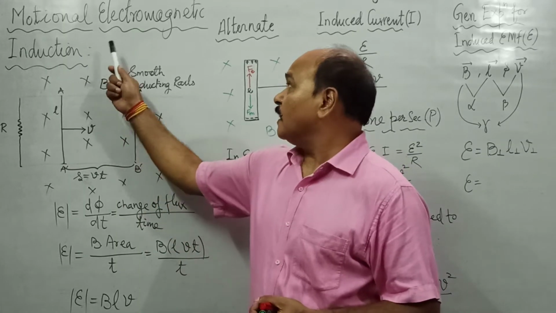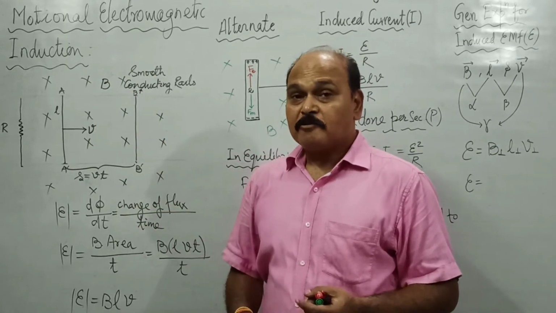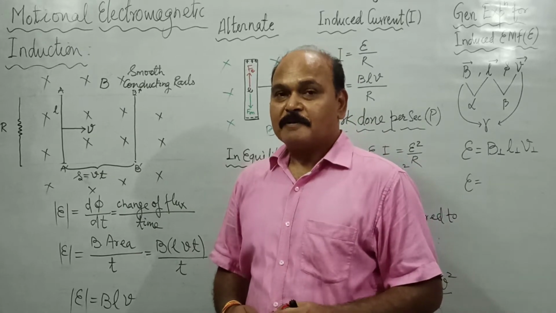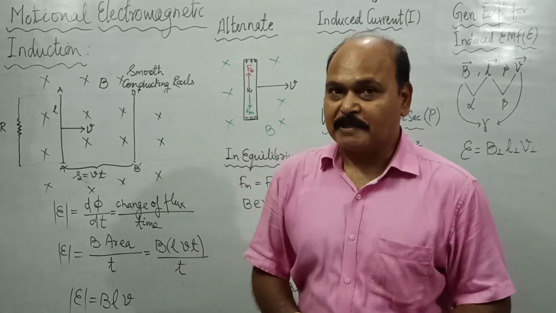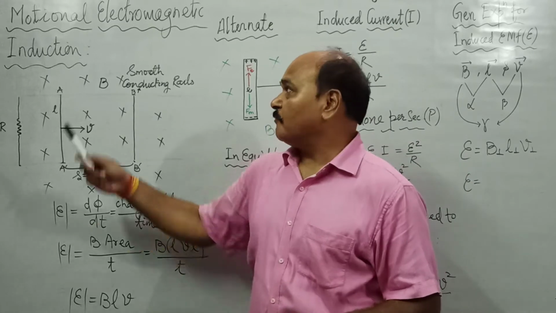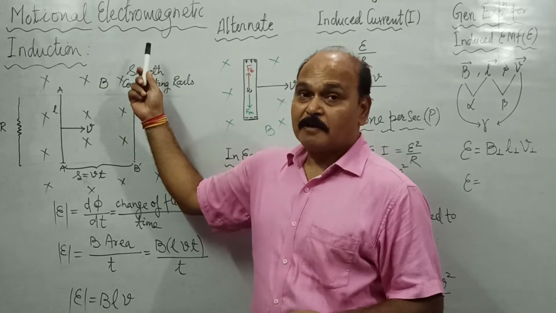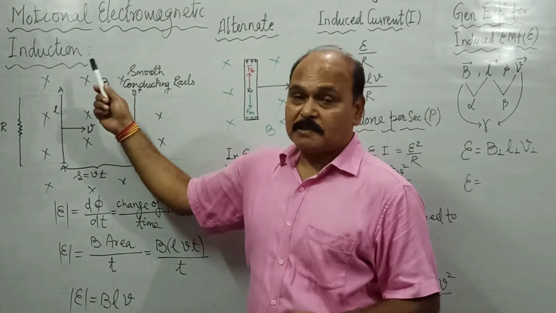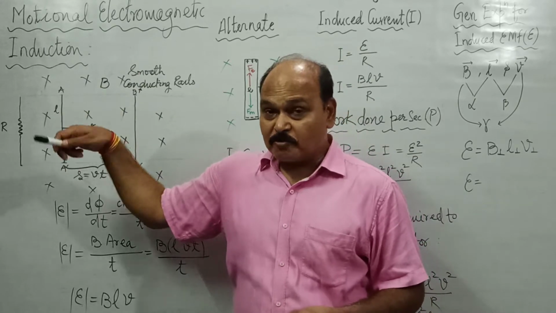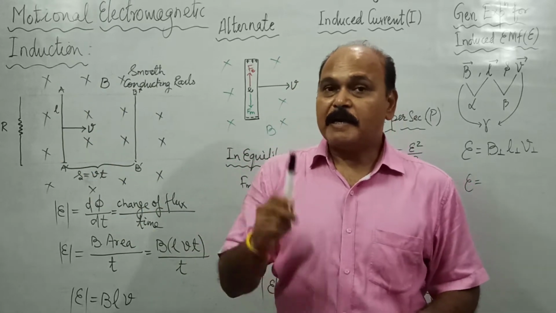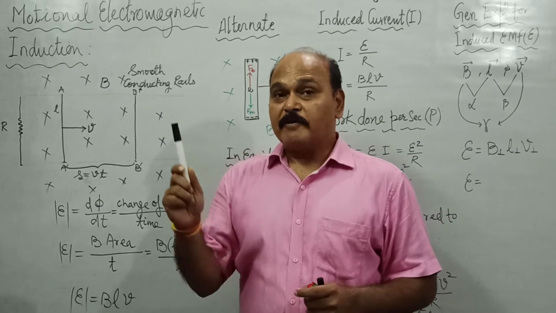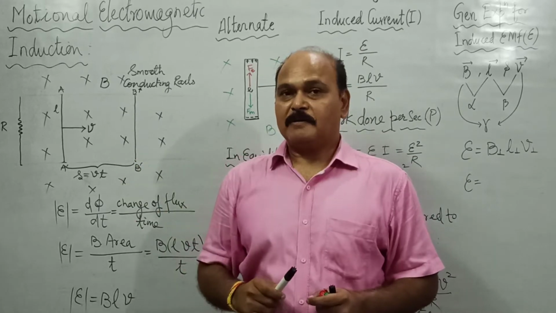Children, motional electromagnetic induction is one of the four types of electromagnetic inductions we are going to study. Well, as obvious from the name itself, motional electromagnetic induction is electromagnetic induction which takes place in a conductor as it moves through a magnetic field.